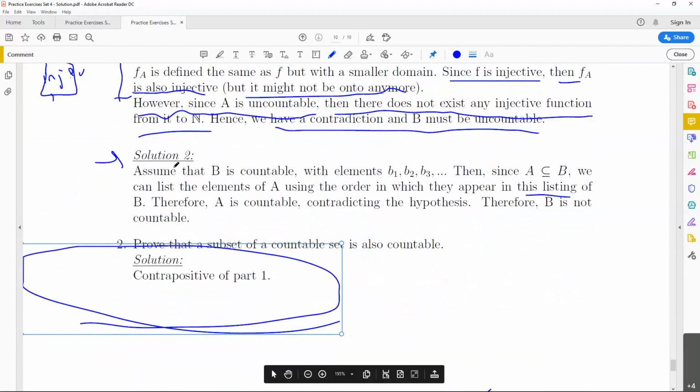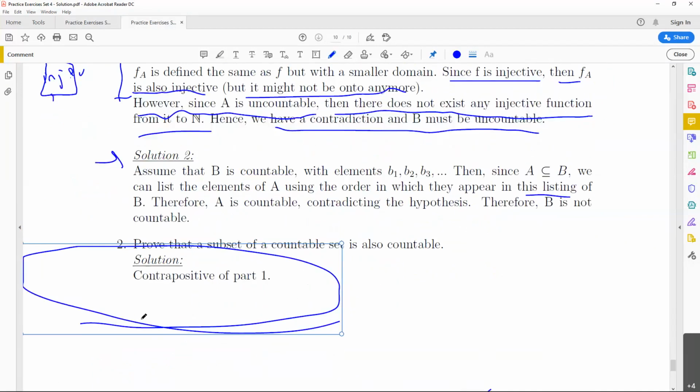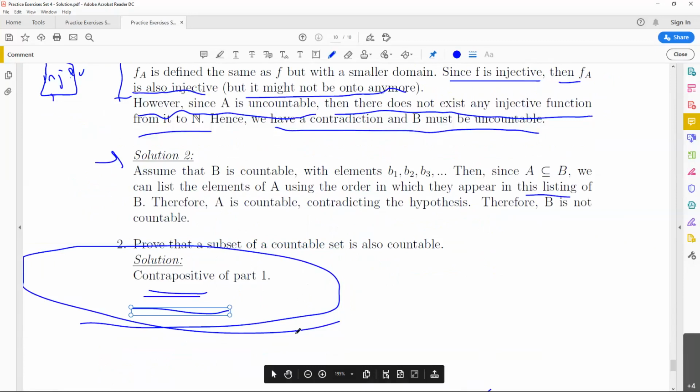It's the contrapositive of part one. But it's also nice to see if you could have done a proof on your own for this. Since they didn't mention that you can't use this idea, you used it.